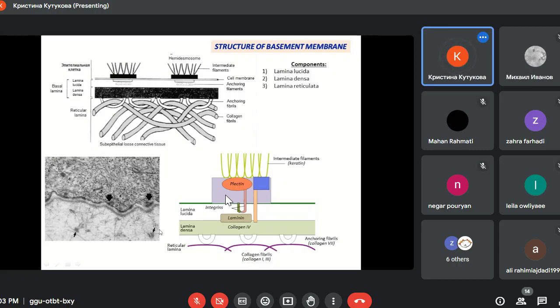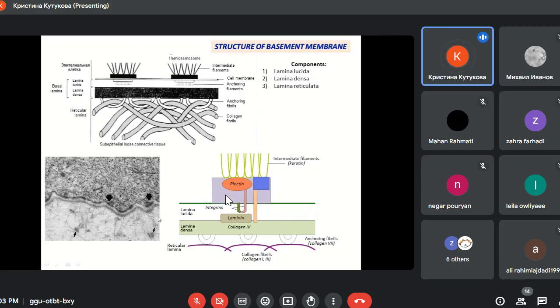And if we look at a real transmission electron microscopy picture, you can see how it really looks. So here the same. This is the cytoplasm of a cell, and here is its membrane, and everything which is below is the basement membrane.